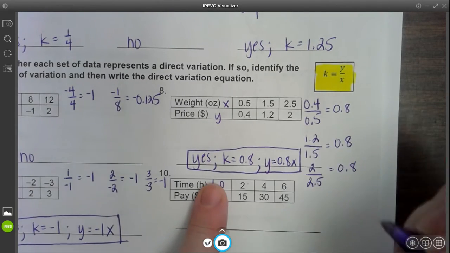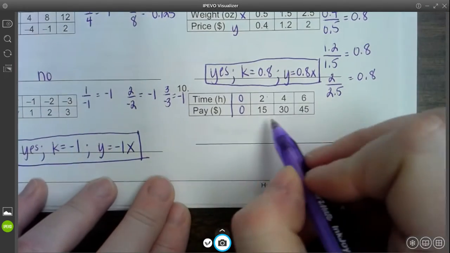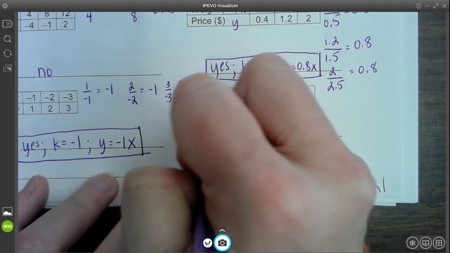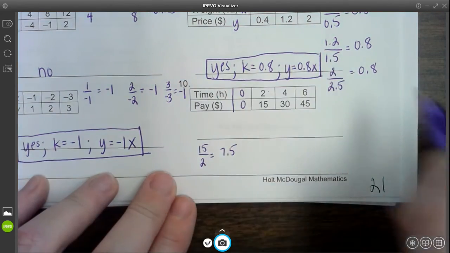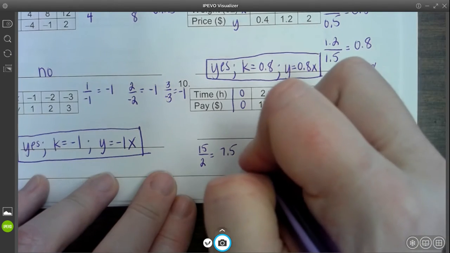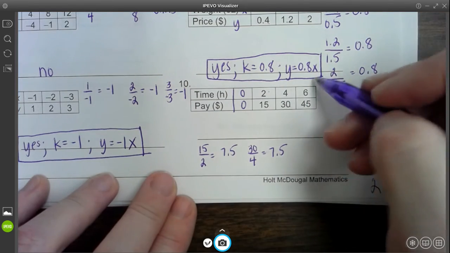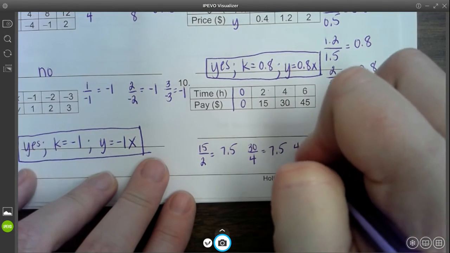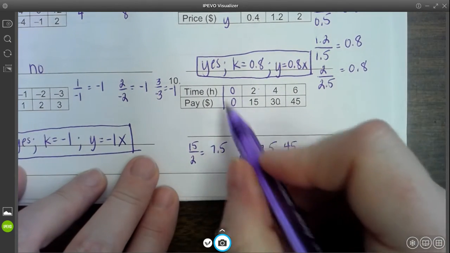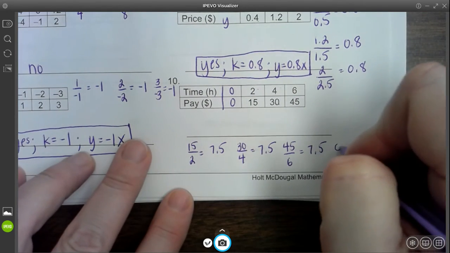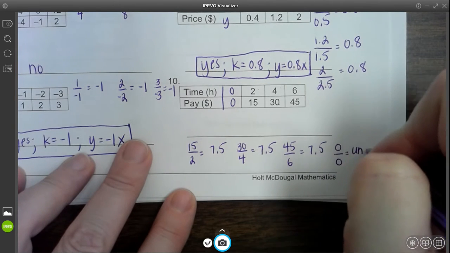So y divided by x: 15 divided by 2 is equal to 7.5. And then if I do 30 divided by 4, I also get 7.5. And if I do 45 divided by 6, that's actually also 7.5. Now, they also have 0, 0. And if you try to do 0 divided by 0, the universe is going to explode.